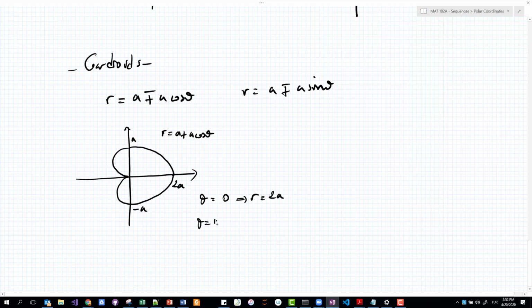When theta is pi over 2, of course, cosine is equal to 0, and r is going to be equal to a. As you see, I'm going to turn it this much, and then I will go to the right this far so that I can find out what a is. That's why I need to combine these 2 points.